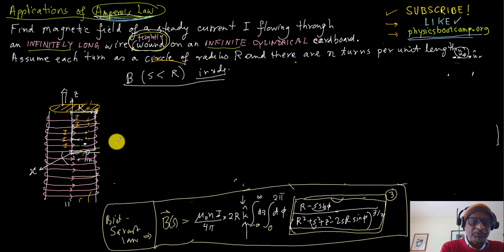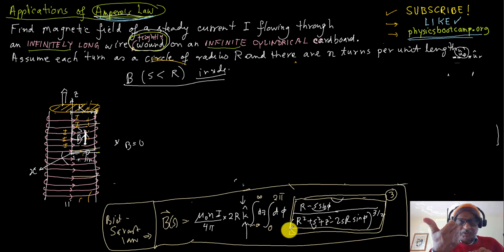From outside it is 0, so over here B is 0. If I look at it, using the right hand rule, the magnetic field is going up. From the Biot-Savart law also, the magnetic field is going up. So I need to think of a loop in which I can find the magnitude of the magnetic field at that point, since we know the direction.